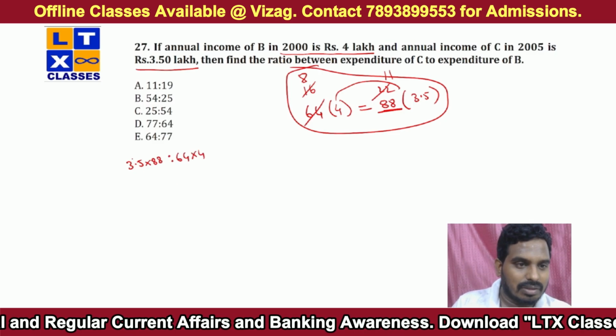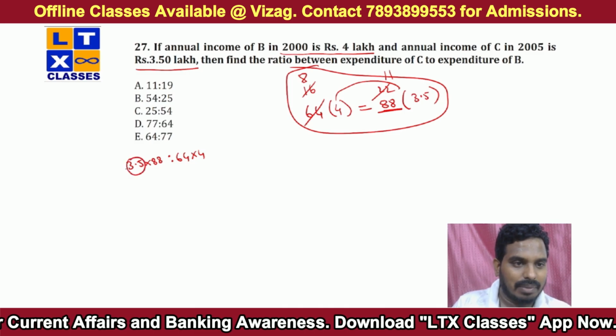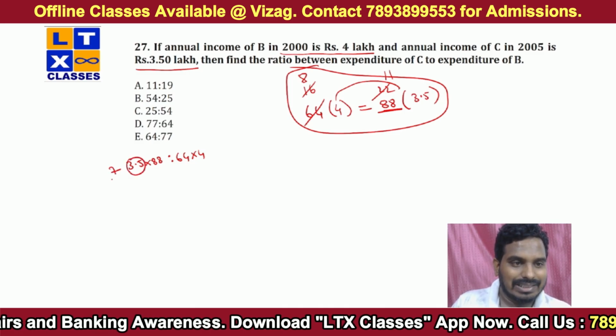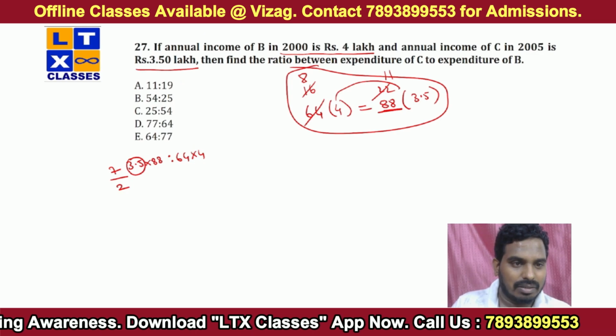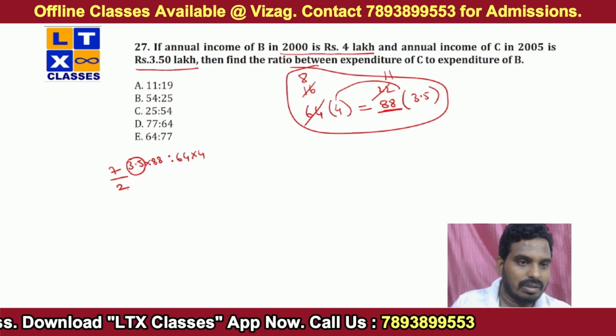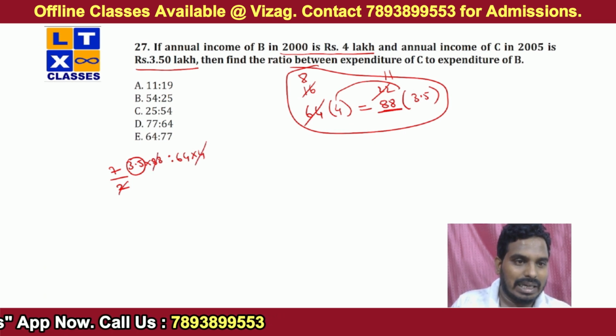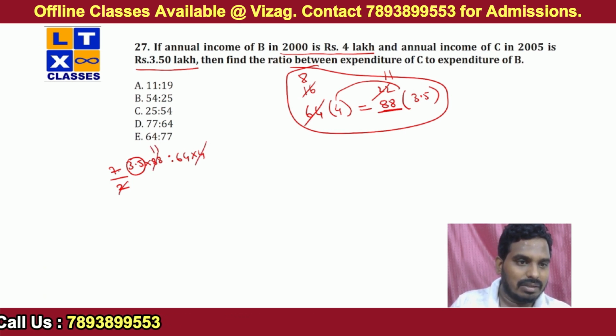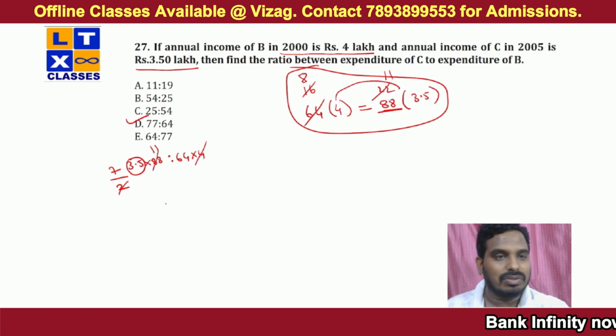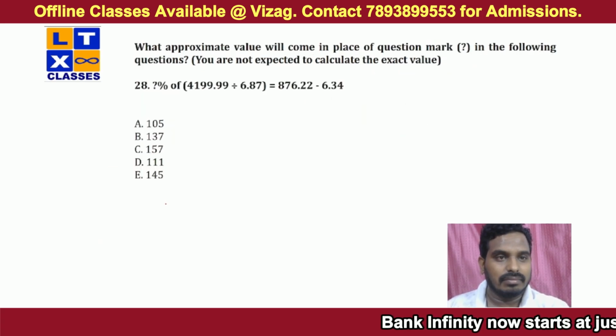This is what you're asked to calculate, and this is nothing but 35 by 10, which is 7 by 2, right? Now, 2 into 4 is 8, and 8 11s, 88, right? So 77 is to 64 is my answer. 77 is to 64 is my answer.